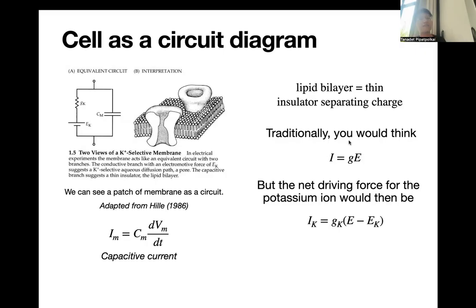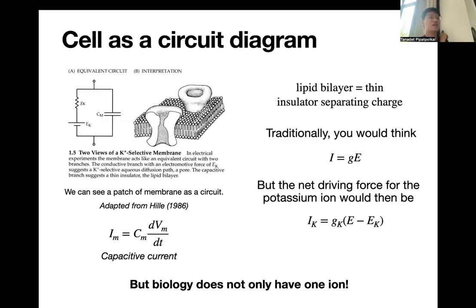But when you think about the driving force for just the potassium ion, IK will be equal to GK, which is the conductance for the potassium ion through the potassium channel, times the overall driving force subtracted by the potassium driving force. And when you do an experiment on electrophysiology, what you vary is this E. So we vary the potential difference across the bilayer, and we record the current, and therefore we can work out the conductance of an ion channel, as this EK is a constant, because we know the reversal potential of potassium.